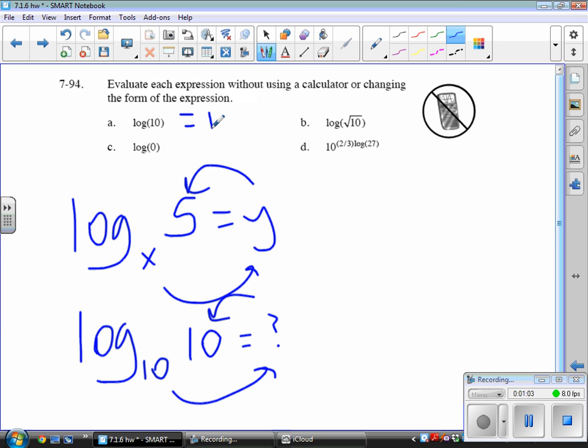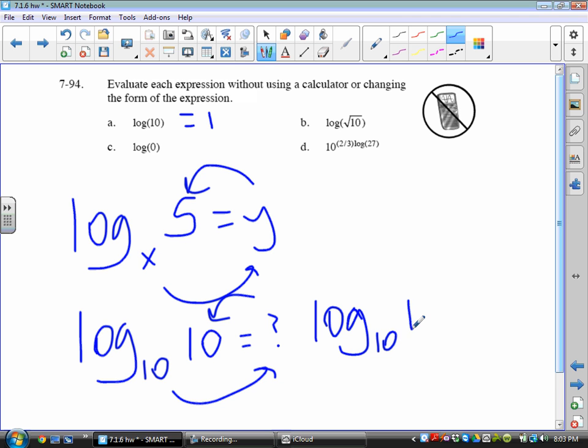Okay. If I look at part B, log of radical 10, I might write the square root sign as a fractional exponent. Log base 10, I'm going to write that in there, just because it's nice to visualize that.